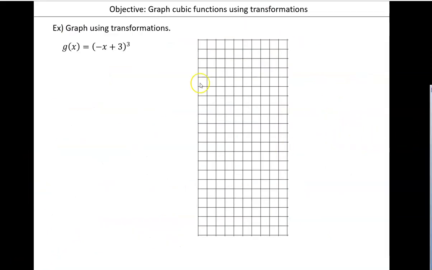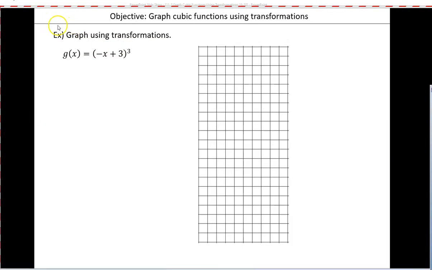All right, for this example, again, we're just looking at doing a graph. Here's our function.